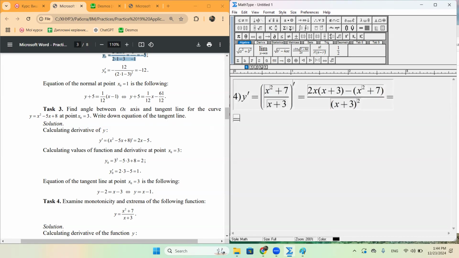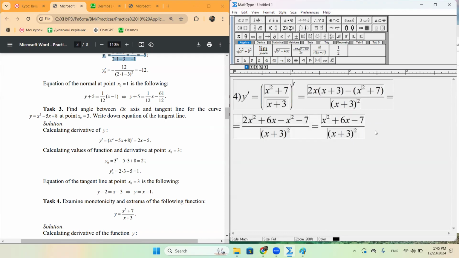Now expand the brackets: 2x squared plus 6x minus x squared minus 7, and continuing simplifying: x squared plus 6x minus 7.